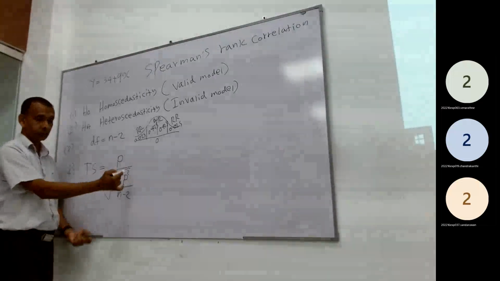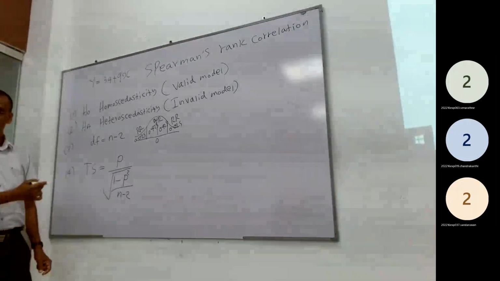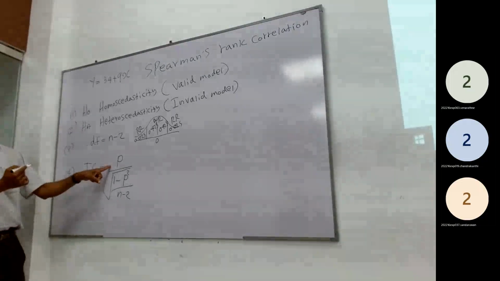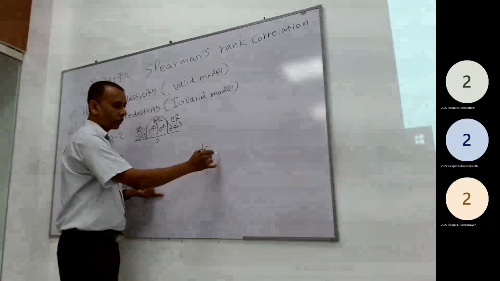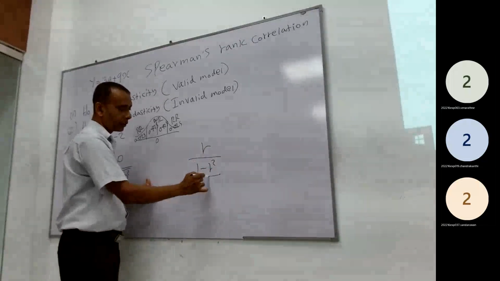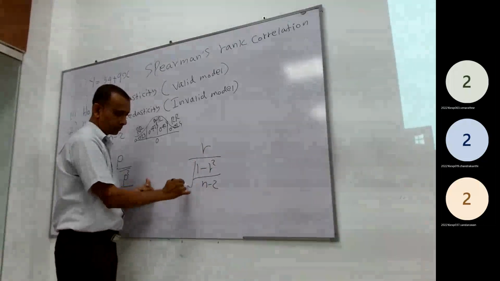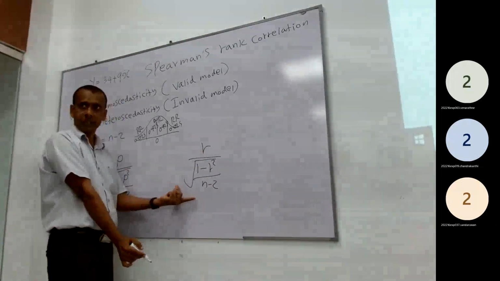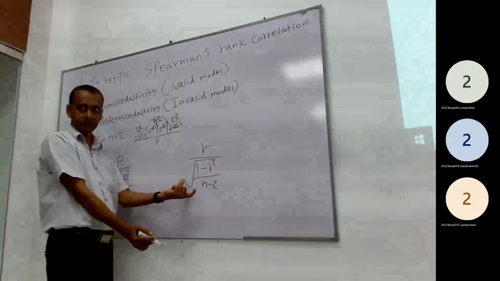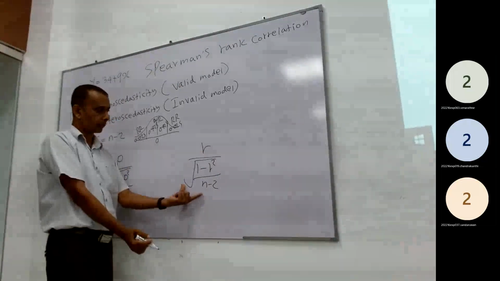For Karl Pearson, we use the coefficient of correlation r divided by the square root of 1 minus r squared over n minus 2, isn't it? I remember, you also remember.